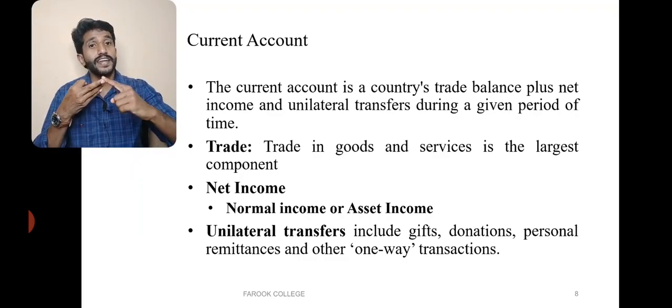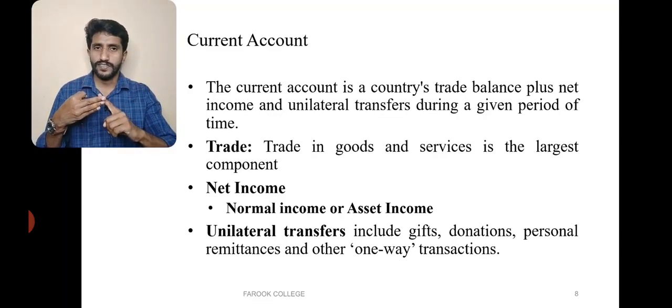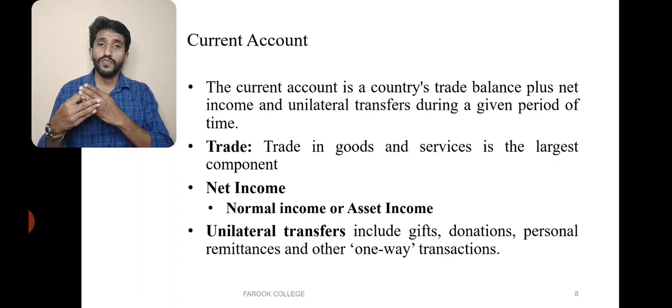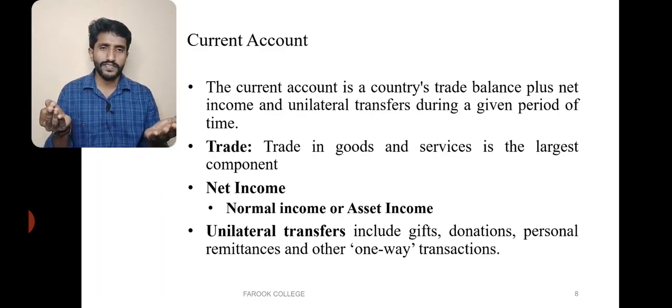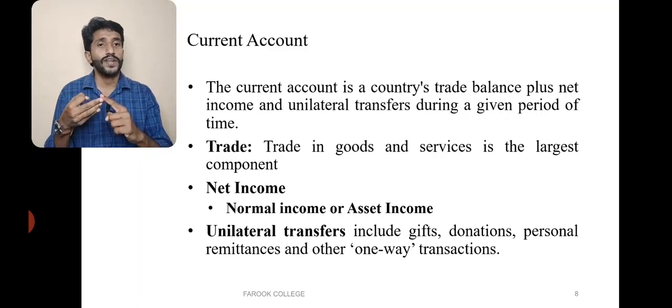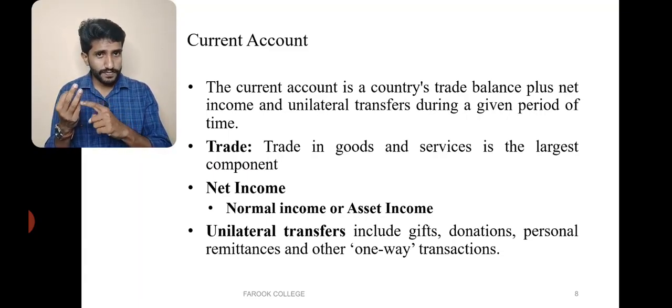First one is trade balance. All exports and imports, whether invisible or visible items, are included in the current account. Exports of goods and services, everything is included. That is the first thing.